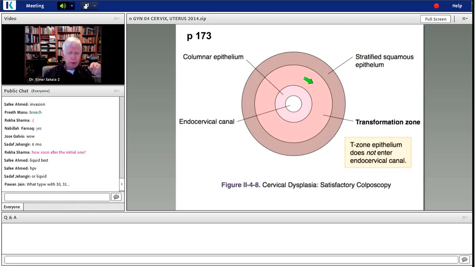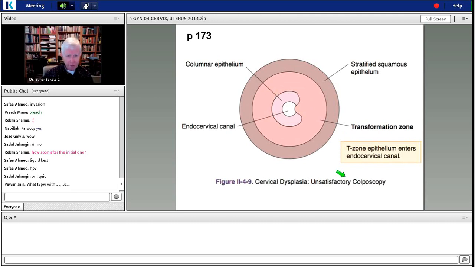The area between is the transformation zone. The point of this image is to show that here we have, this pink here is the columnar epithelium, and we don't have any of the T-zone epithelium going into the canal. The T-zone epithelium does not enter the endocervical canal. Therefore, this is called satisfactory or adequate colposcopy. That's important.